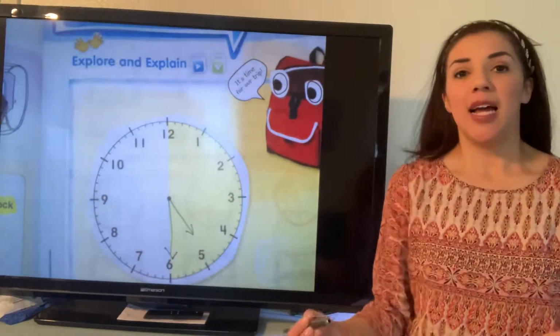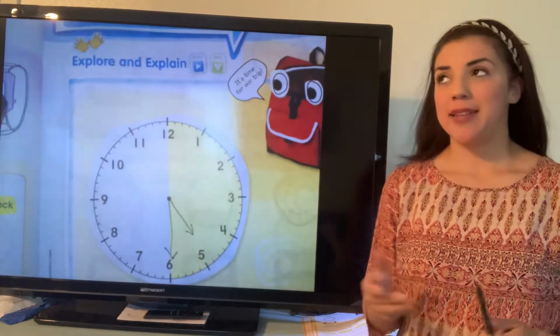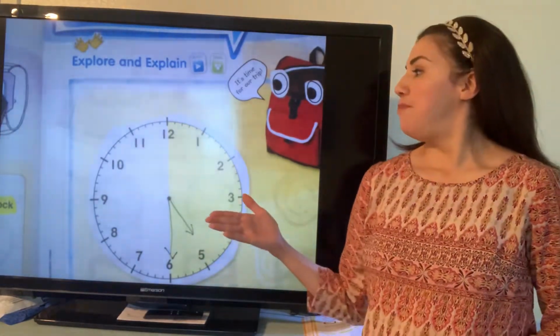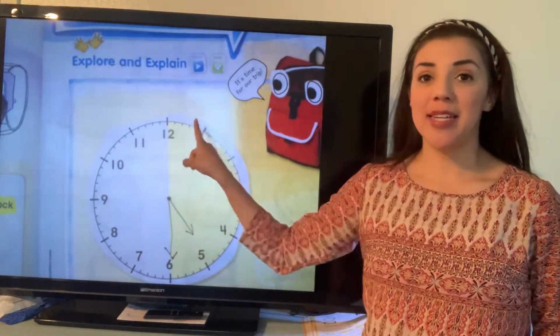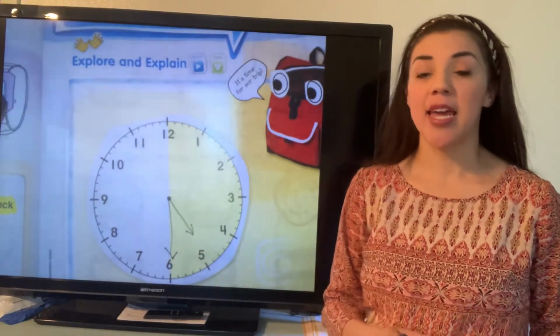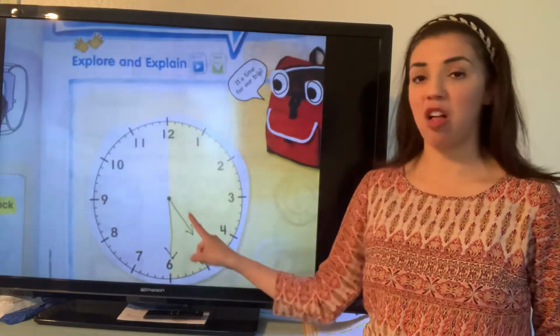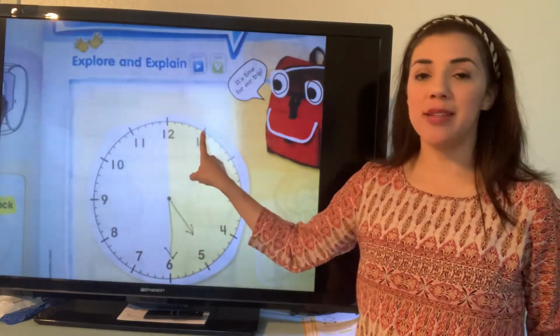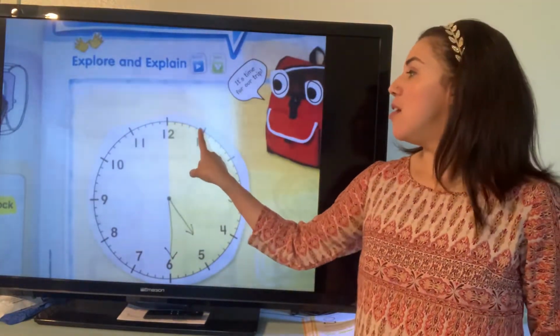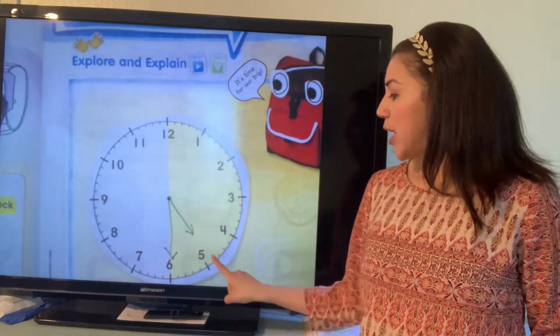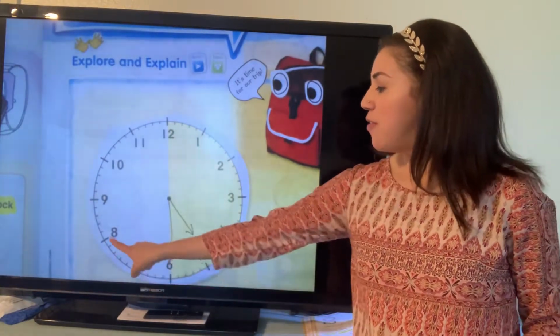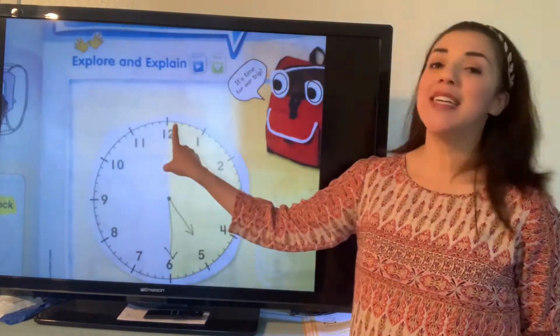So they haven't really gone over this but we will. A whole hour is 60 minutes, okay? And so the way that we count minutes on this clock is that the 1 is 5 minutes, so it would be 5, 10, 15, 20, 25, 30, 35, 40, 45, 50, 55, 60.